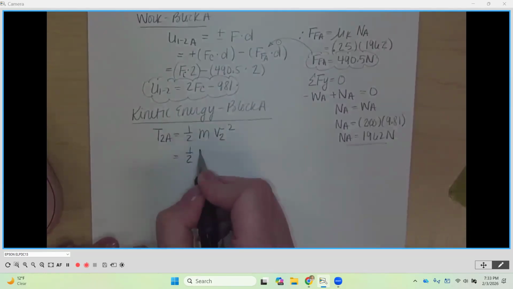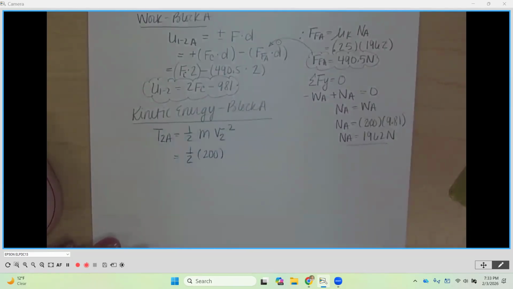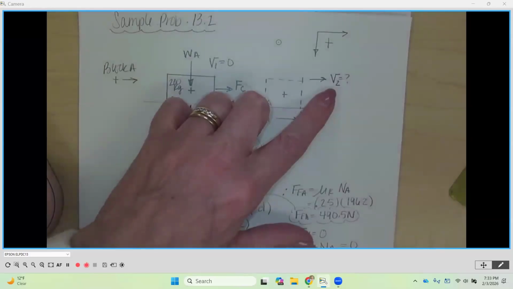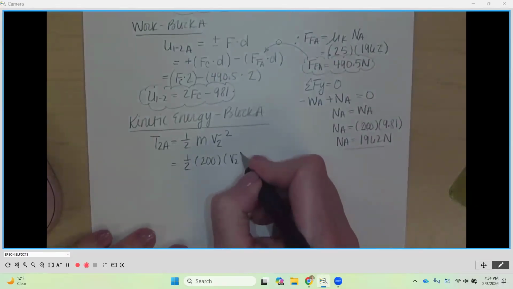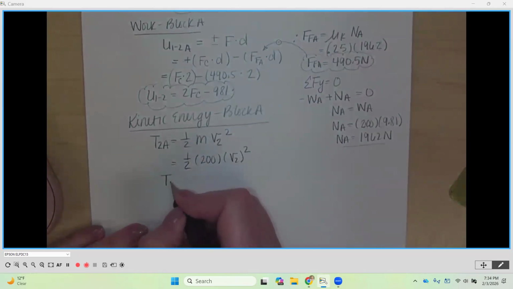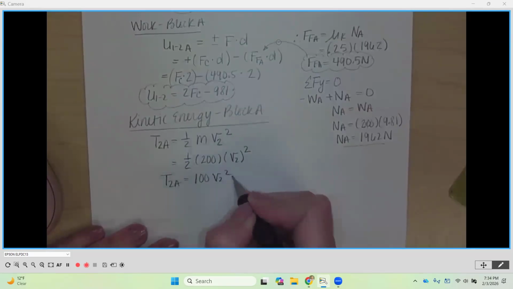So we'll have 1/2 times 200 kilograms, right? Not 300, 200, times V2 squared. We don't know what V2 is. That's what we're going to be solving for. It is one of our unknowns in our problem here. So T2A is equal to 100 V2 squared.